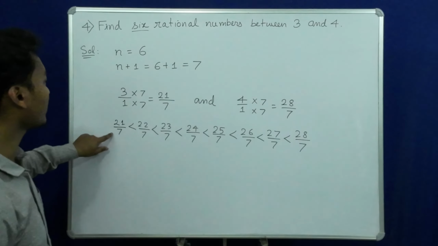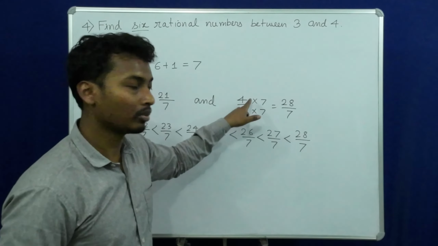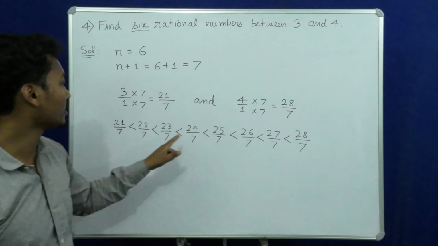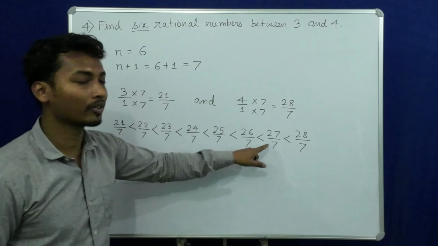Now 21 by 7 is what? 3. 28 by 7 is what? 4. So in between that, you see, logically we have got 6 rational numbers. 1, 2, 3, 4, 5, 6.